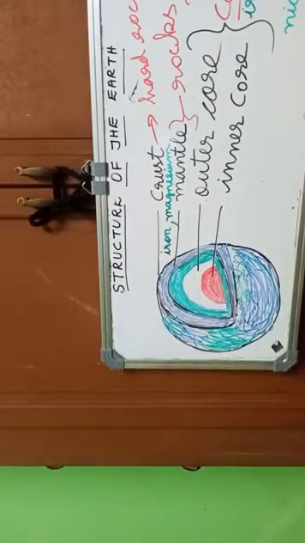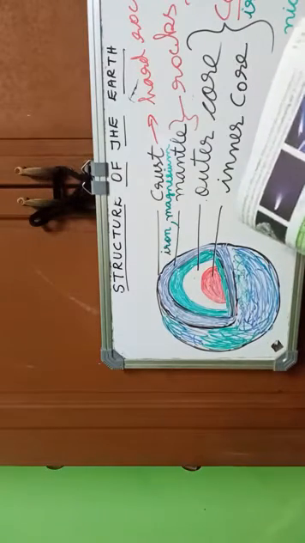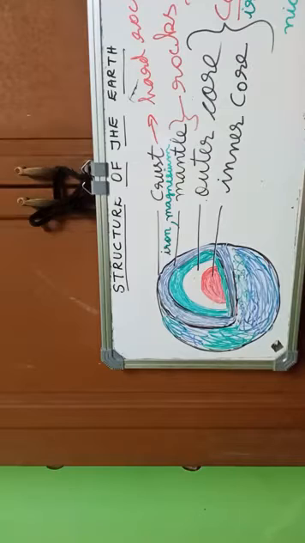Iron and nickel we can see in where? In the outer and inner core, that is in the center of the earth. And the inner core is also made of iron and nickel. It is about 1200 kilometer thick and is like a solid ball of metal.